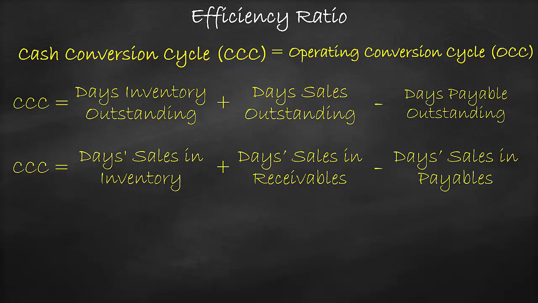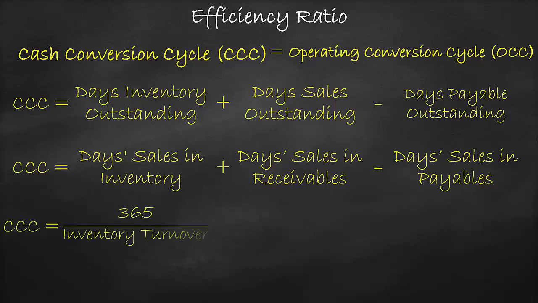We can substitute directly in this formula if we can calculate the days inventory outstanding, days sales outstanding, and the days payables outstanding earlier. The days inventory outstanding is calculated as 365 divided by the inventory turnover.